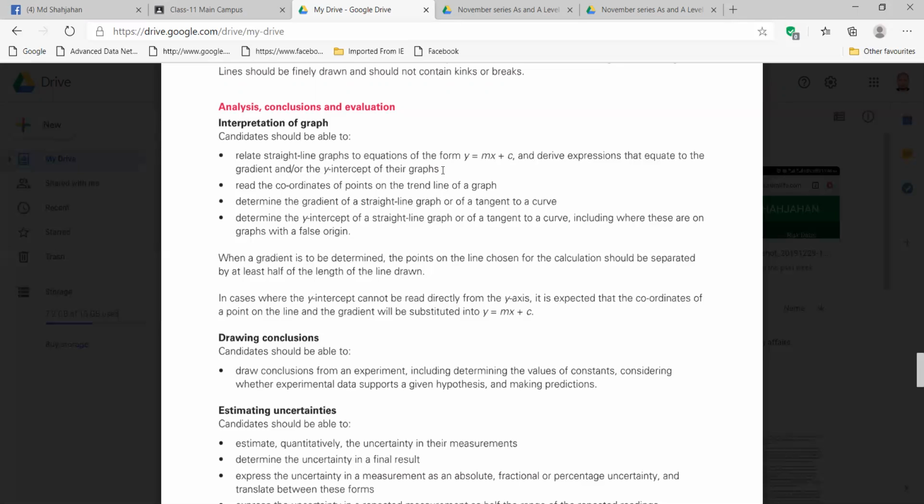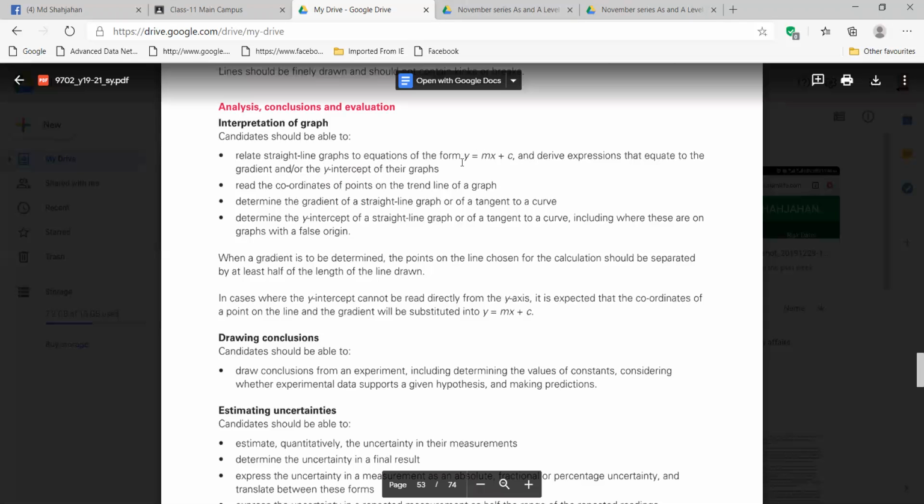So in your graph, if your straight line is crossing the y-axis, you can get it directly from the graph. Okay, and if it is not available there, then you can calculate it from the equation.